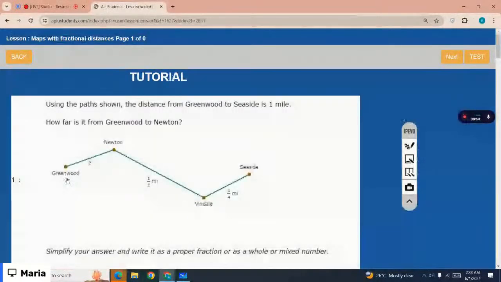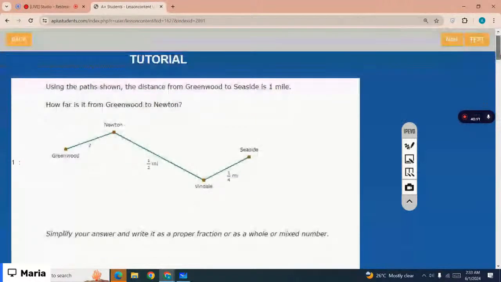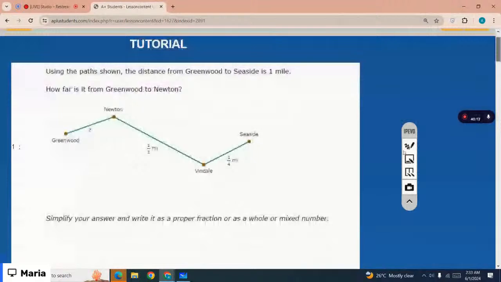Okay, using the path shown, the distance from Greenwood to Seaside is 1 mile. How far is it from Greenwood to Newton? So the complete distance, you are given the distance from Greenwood to Seaside.